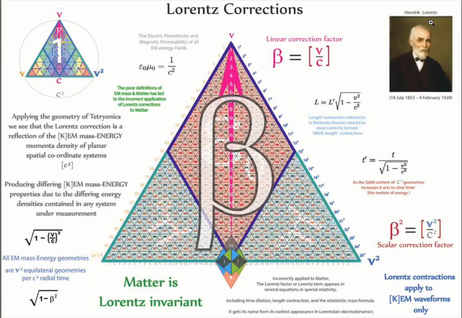Of course, as I just mentioned, with the scalar and linear mathematical approaches to measuring mass energy changes due to velocity, we developed the Lorentz corrections for velocity. These were what formed the foundation for special relativity in Einstein's formulation.